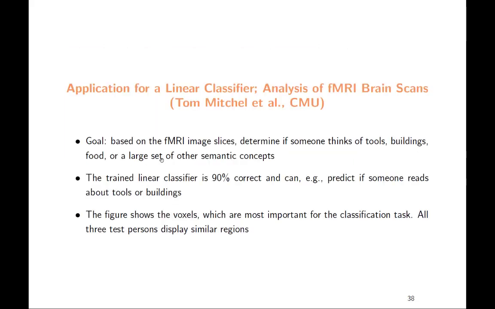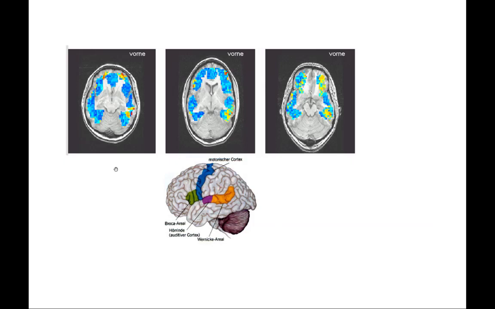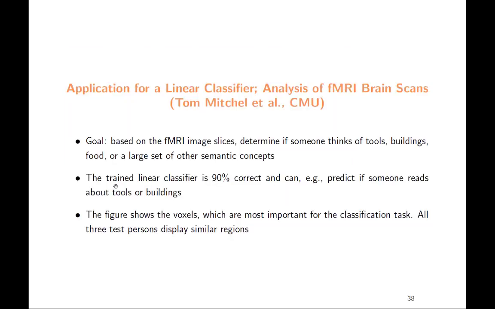And they use these pixel images to classify what the person is thinking about. So a trained linear classifier was 90% correct and can predict if somebody reads about tools or buildings, so can make this separation with 90% confidence.